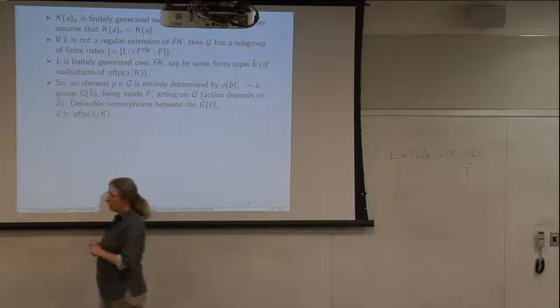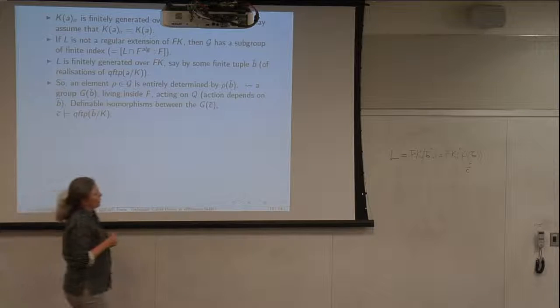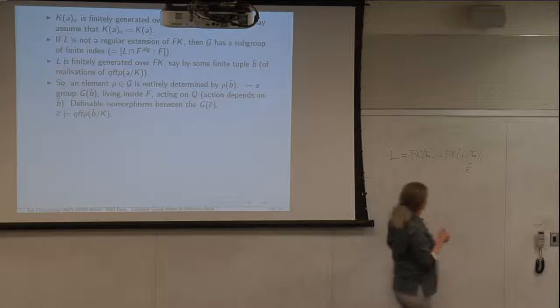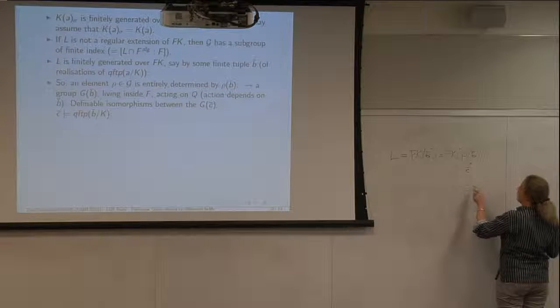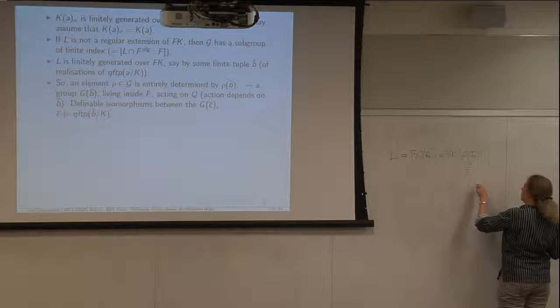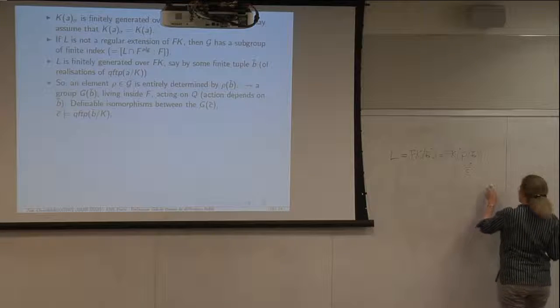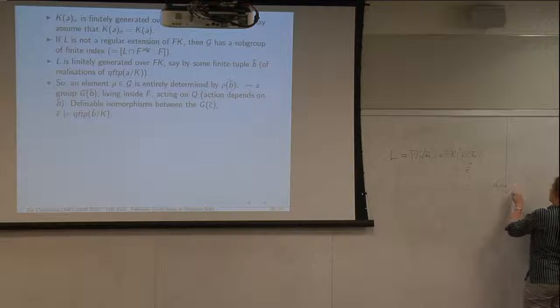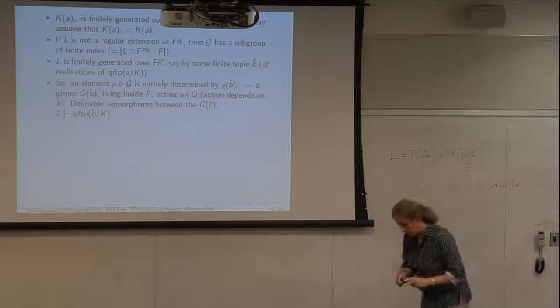All right, now this C bar is what? C bar is going to be of the form f of B bar, where f, no, I should write something else, sorry.